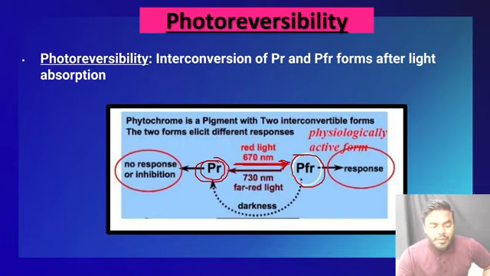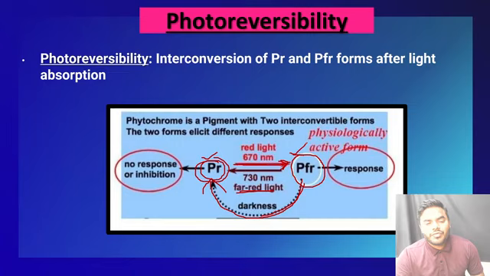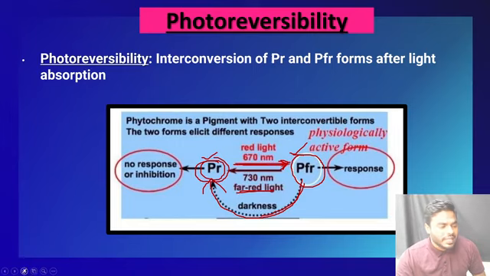This PFR form, upon absorbing the far red light, is converted into the PR form. So both the PR form and PFR form are interconvertible to each other. This interconvertible phenomenon we call photoreversibility. Please do not forget this point of photoreversibility.